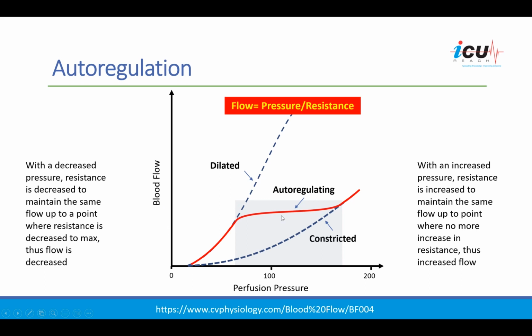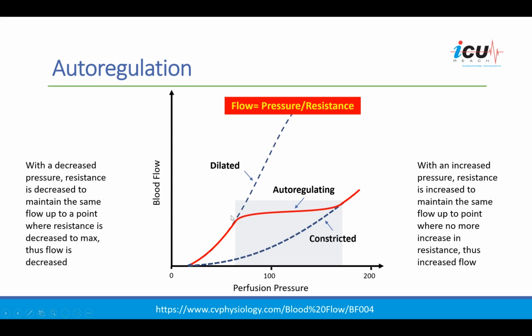How is that possible? If you take a look at the equation here, perfusion pressure is decreased. The only way the flow remains the same is by decreasing resistance. That means that the vessels are vasodilated as the perfusion pressure goes down.